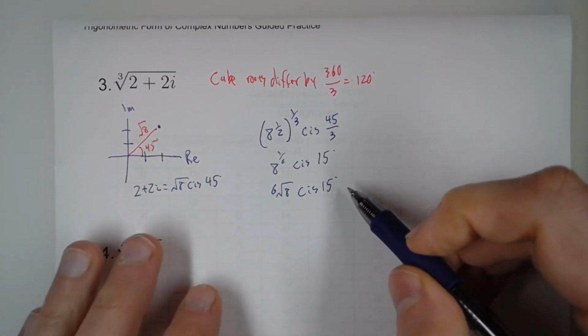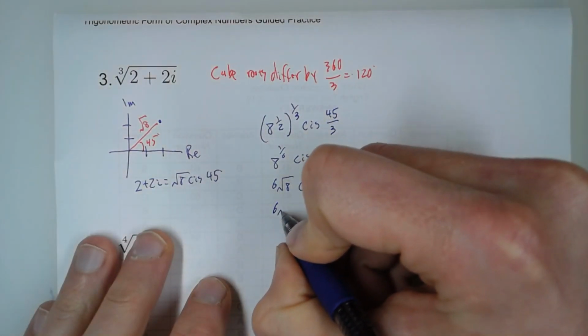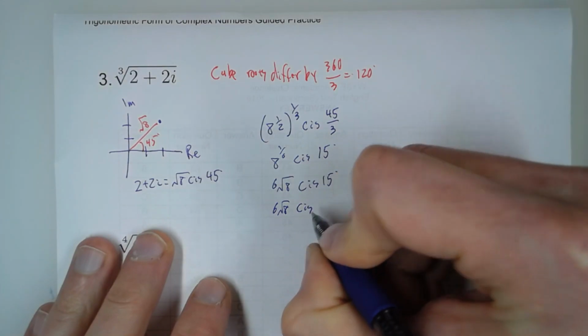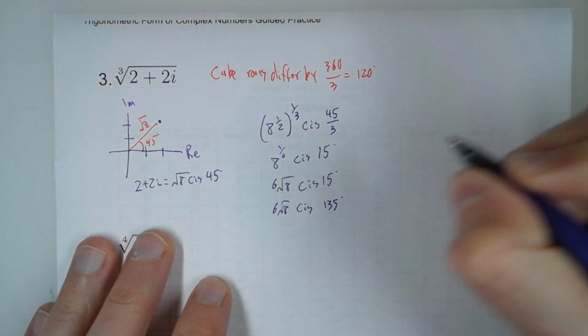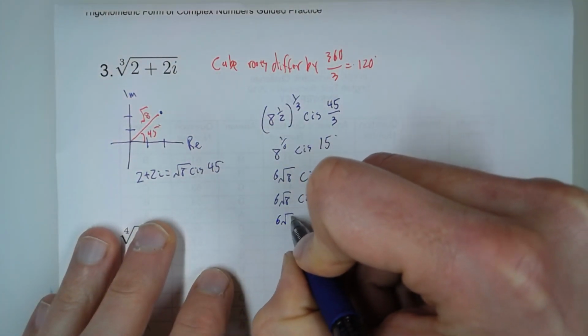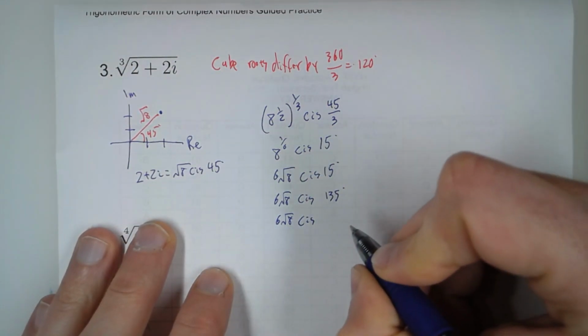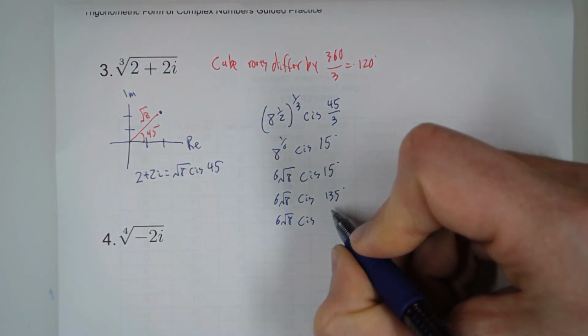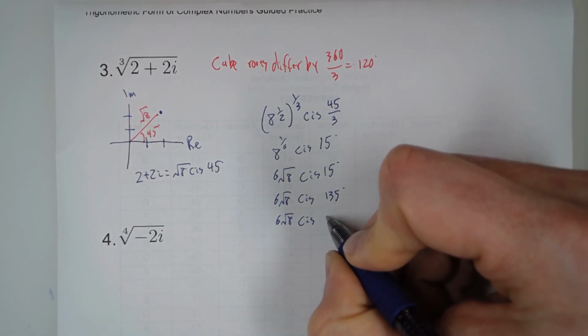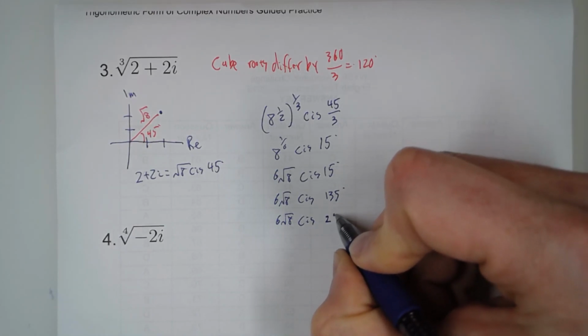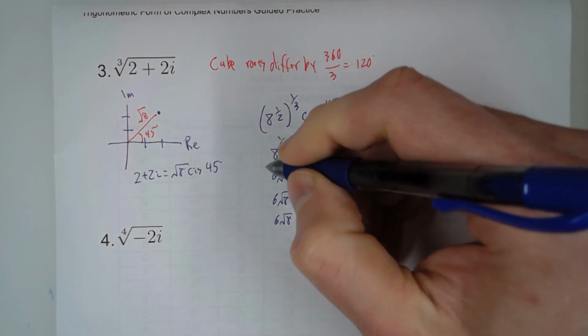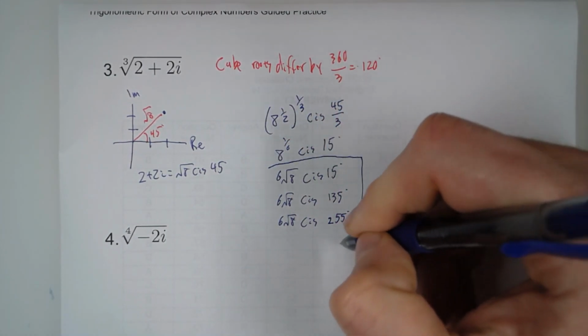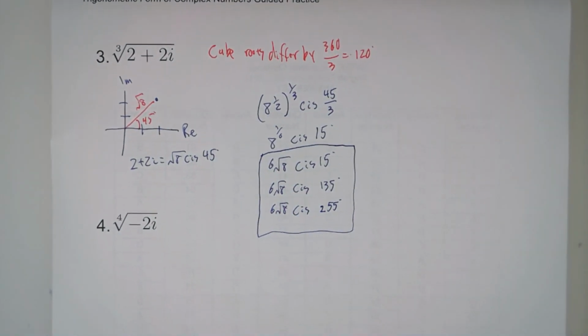Now we have to add 120 degrees to get the next one. 135 degrees. 6th root of 8 cis, and we add 120 again, and we get 255 degrees. And so there are our 3 cube roots.